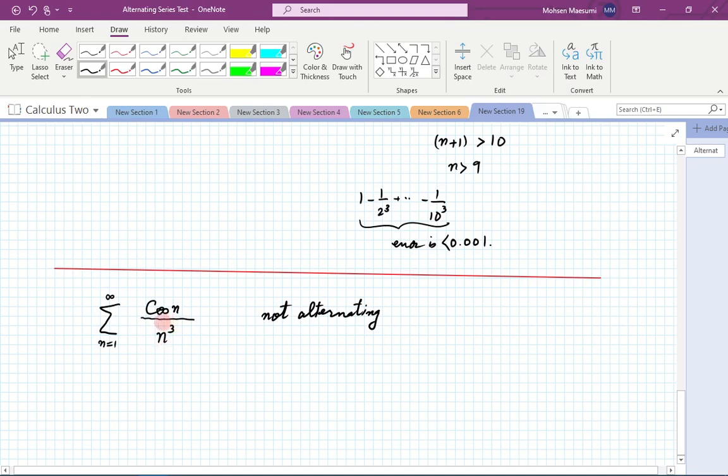One thing we can do is to compare this thing against the absolute value of the same thing. If I take this series and put the whole thing in absolute value, I only need to take the absolute value of the numerator. Well, I'm forcing every term to be positive.